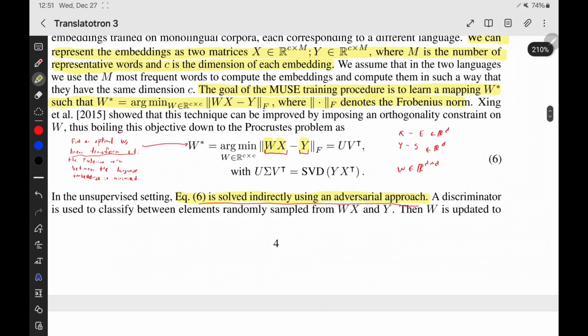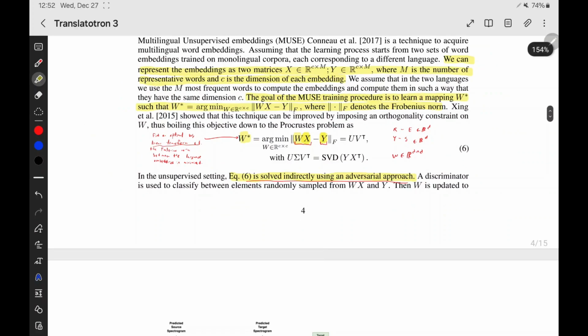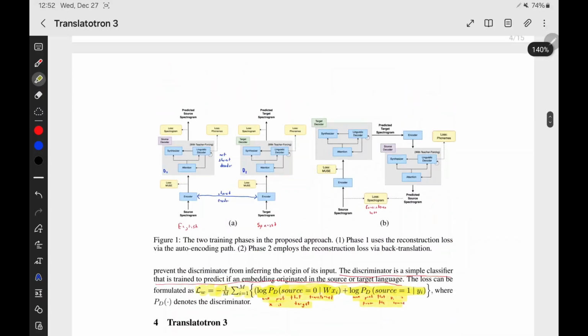This also restricts the model because it can only look at two languages unless you do something strange with it. Maybe you introduce another W star, another optimal W. But yeah, this only allows one-to-one correspondence between two languages. So this feels a bit strange.